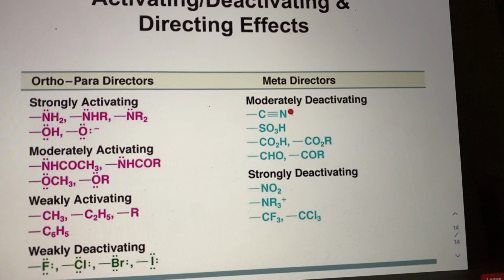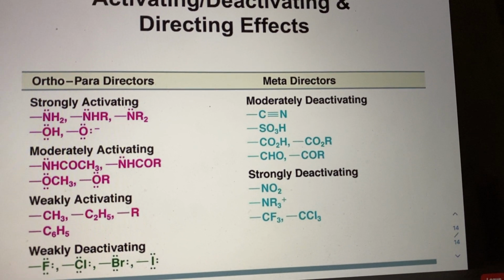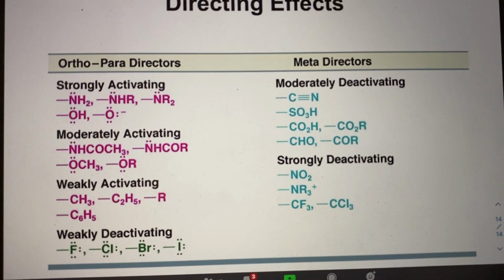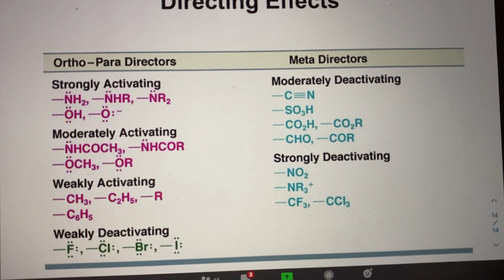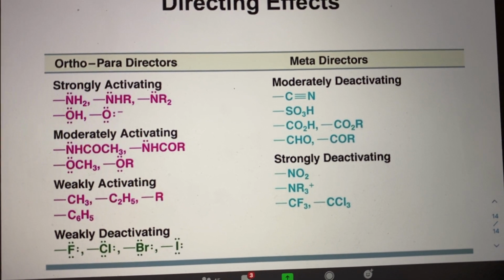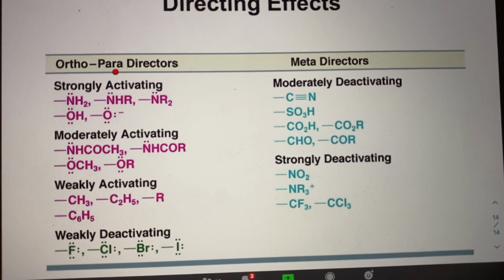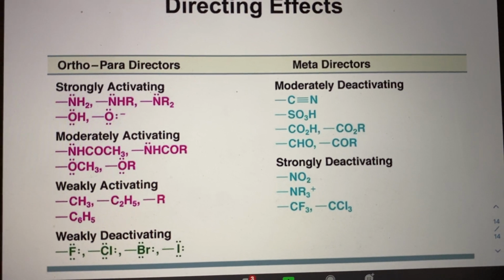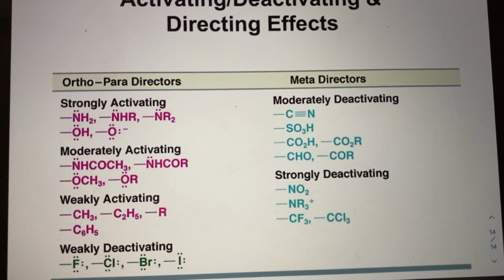However, these deactivators do not have a lone pair of electrons on the atom that's attached to the ring. So they cannot provide this resonance stabilization. That allows us to think about activating and deactivating in terms of nucleophilicity, and importantly, in stabilizing the carbocation for the ortho and para attack versus the meta. So it's a lot of information, but hopefully we can start to see these trends coming out.